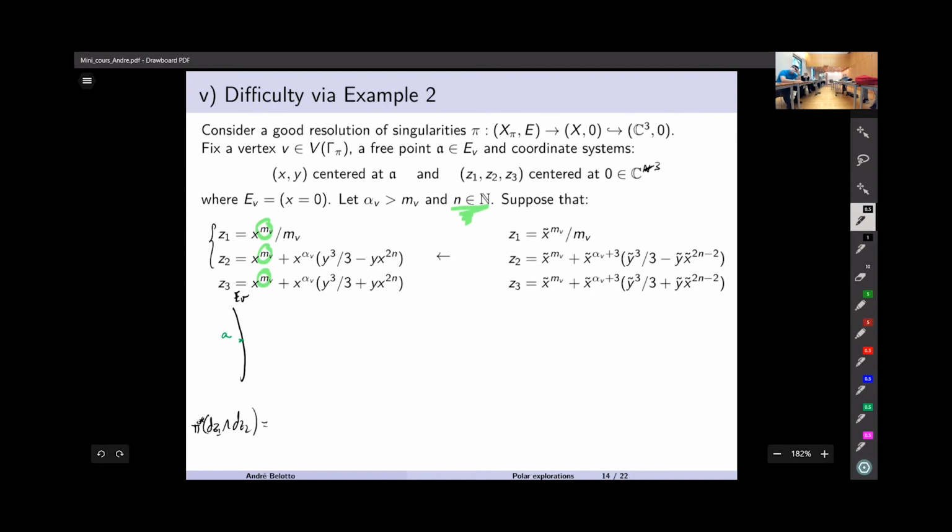What I'm going to get if I compute this is simply X, and if you make this computation, this is what you get: MV plus alpha V minus 1. And here it's going to appear, because that's what I chose, X to the power 2n. And this is the polar curve.